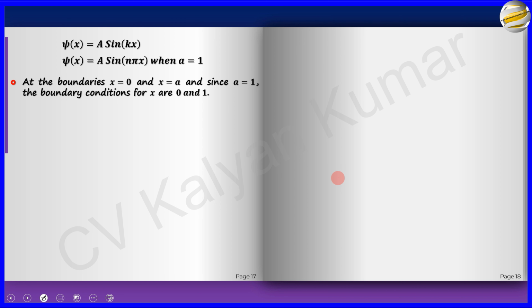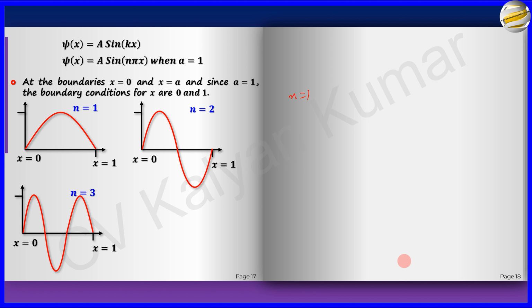Now if n is 1, what will the graph look like? If n is 1, can you see it is simply sine pi x? When x is 0, this will be 0. When x is 1, it will become sine pi, that is also 0.